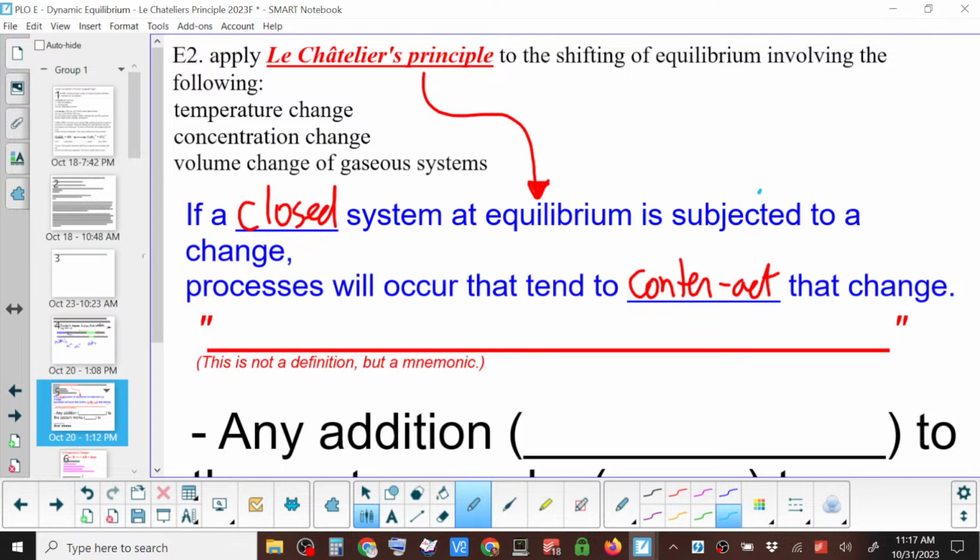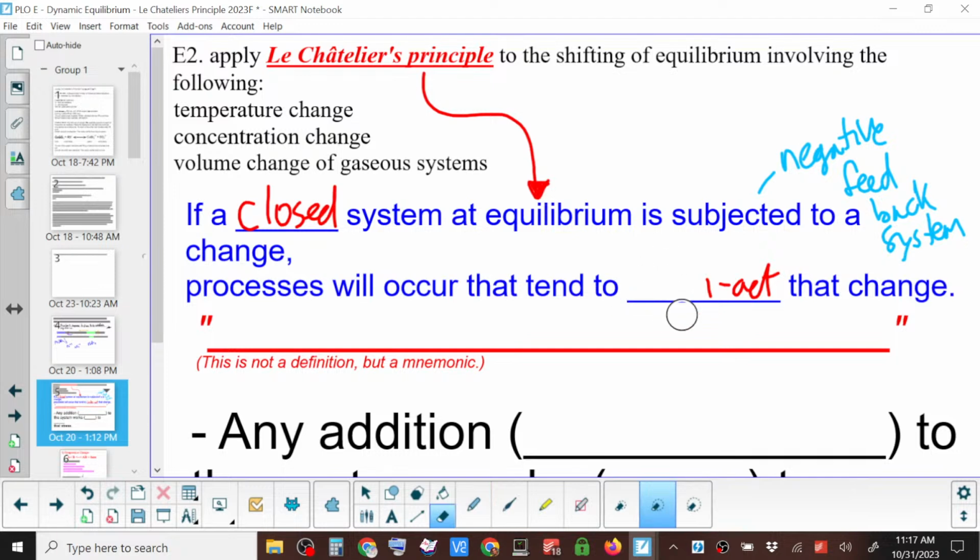This is a negative feedback system, if you're familiar with that. A negative feedback system is a system, I don't think I spelled counter right.